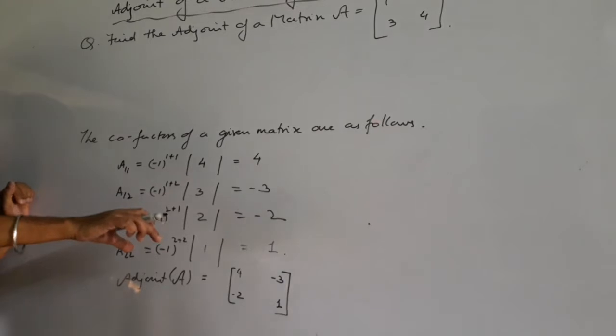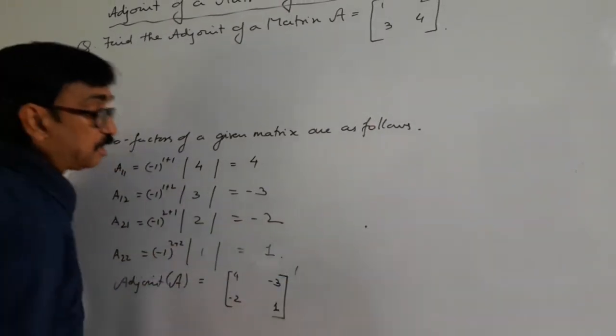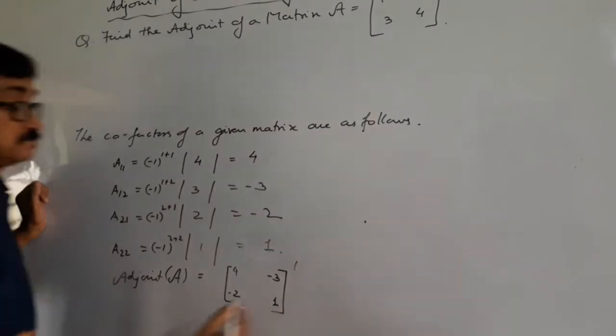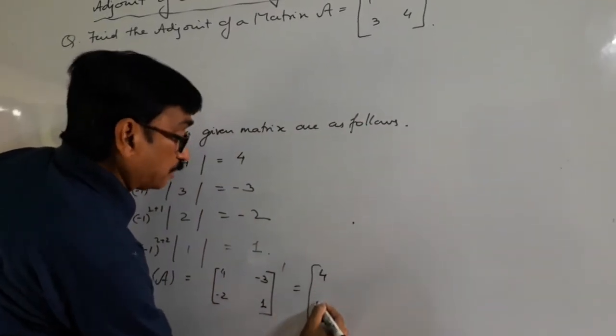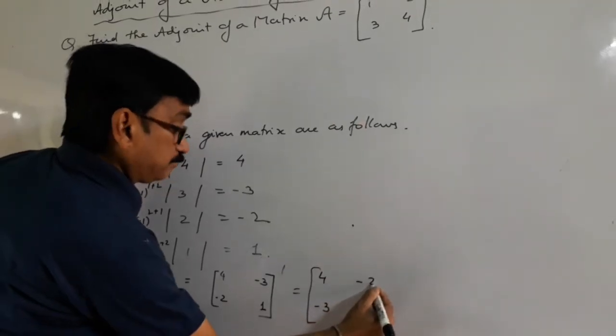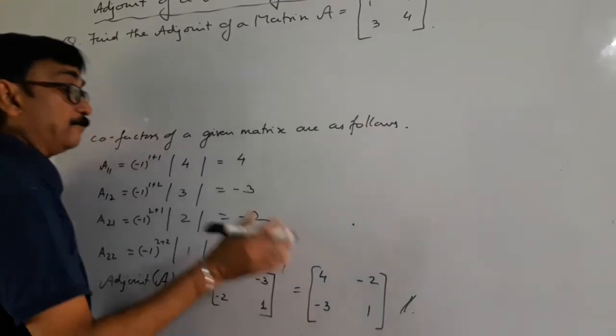After putting all the elements in their positions, you have to take the transpose of this matrix. When we take the transpose, rows and columns are interchanged. So this is our adjoint of the matrix.